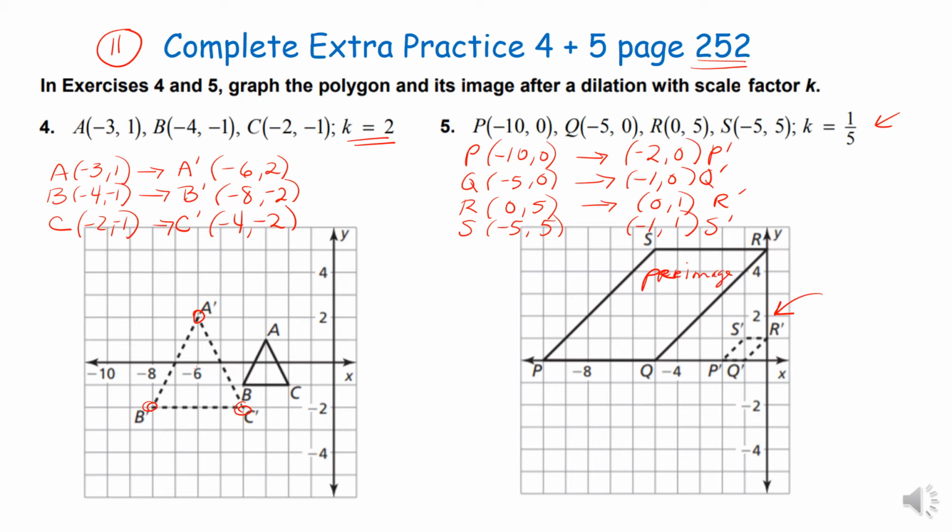We should be looking at a much smaller picture because it's a reduction of 1/5. Sure enough, P is right here. It's negative 2, 0. Q is negative 1, 0. R is 0, 1. And S is negative 1, positive 1. So we're good to go. And the nice thing is if your picture doesn't look like this, then you just go and check the math that you did for that specific point.